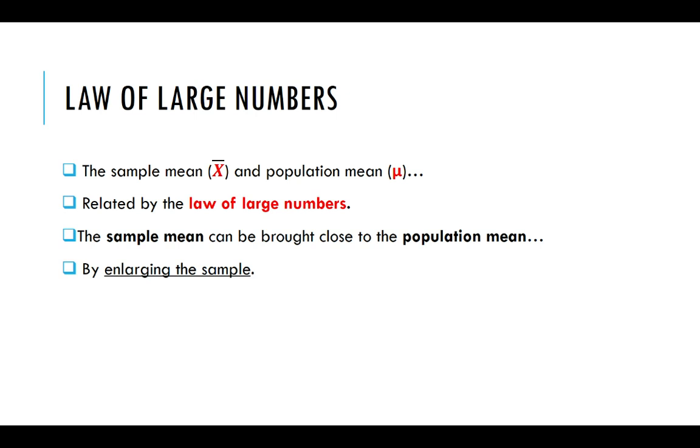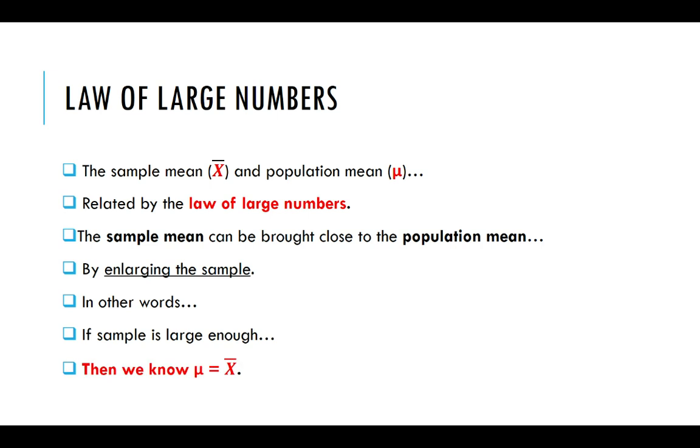So that's pretty cool. In other words, let's say it another way: if the sample is large enough, then we know mu equals X bar. If the sample's large enough, then we know the population mean and the sample mean are going to be equal. Now, I realize you're probably having trouble appreciating how cool that is.